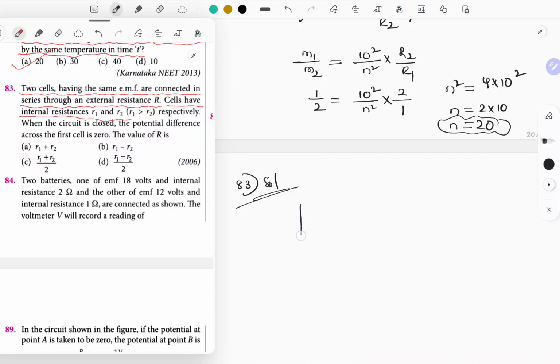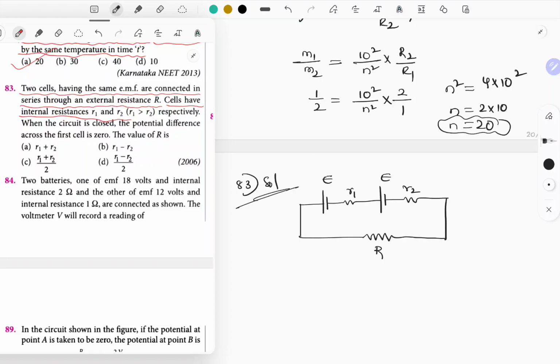Okay, let me draw that circuit. This is how the circuit is going to be. Though the EMF is the same for both the cells, their internal resistance is different. Let's say this is E and E, R1, R2. This is the load resistor, that is also called the external resistor here.